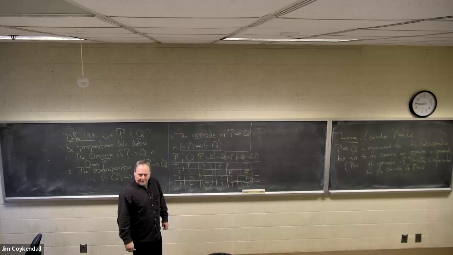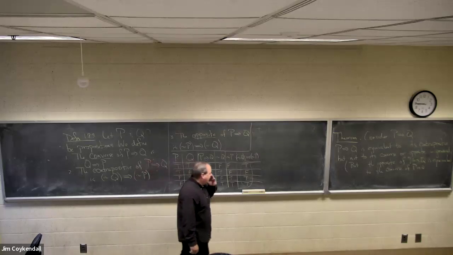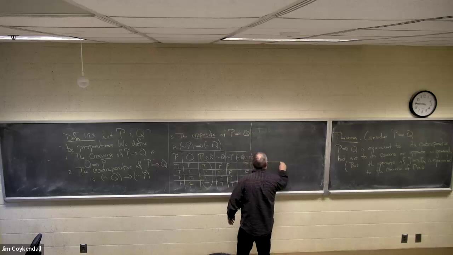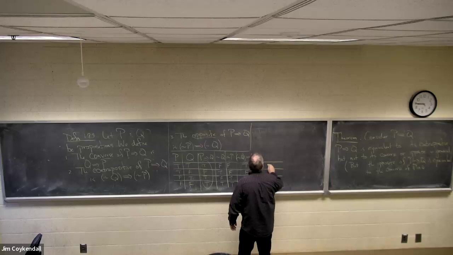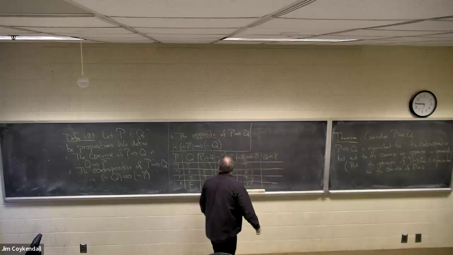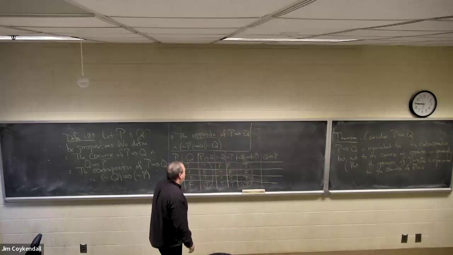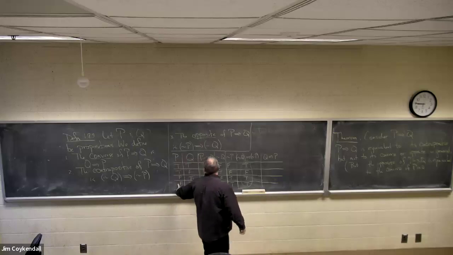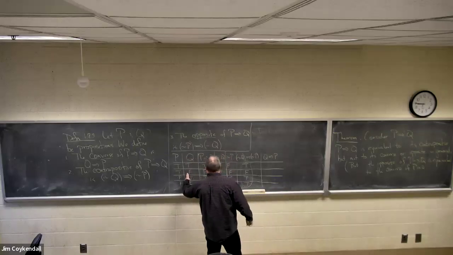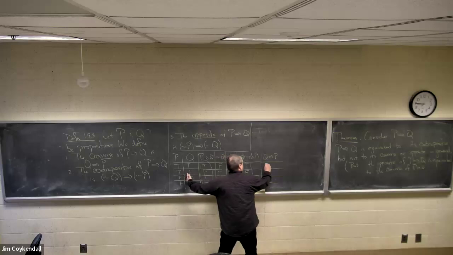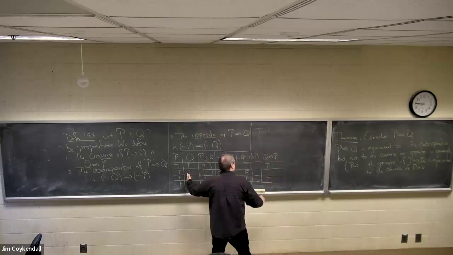Right. And the converse, I'll do one more. I won't do the opposite. I'll let you all figure that out, but the converse. Well, let's go back here. If Q is false, this should be true. So it should be true here and here.